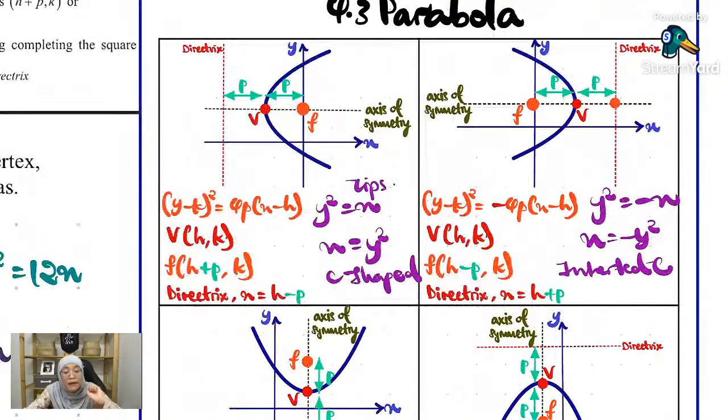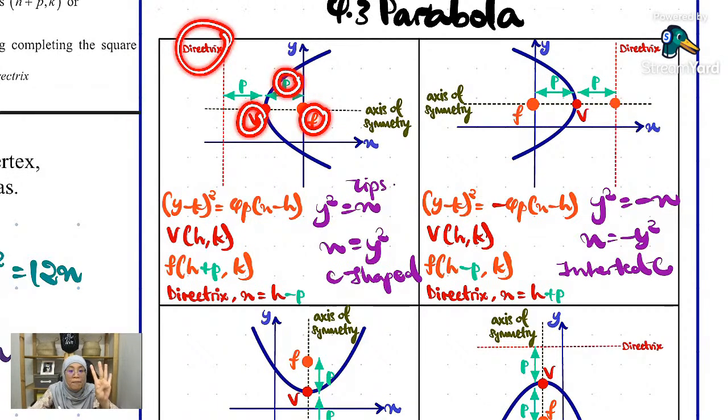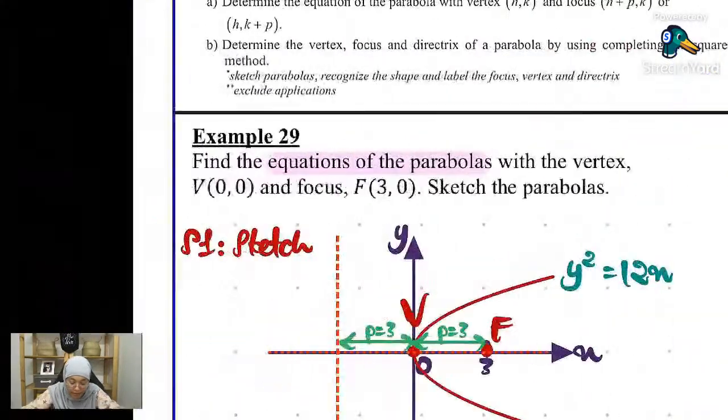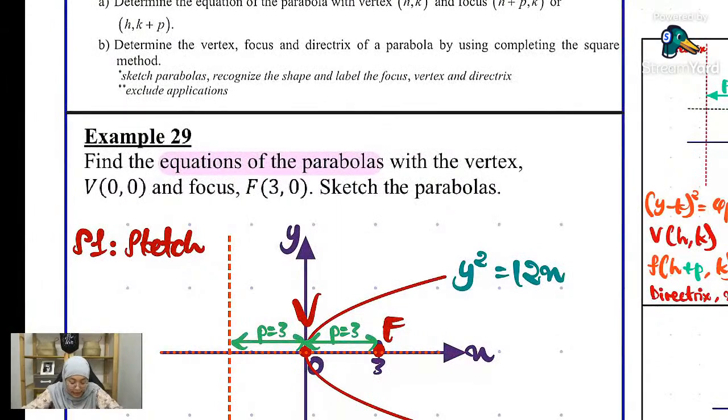So ada 4 perkara penting lah, iaitu cari vertex, cari focus, cari nilai P, dan cari directrix. Ini, 4 ni. We have 4 goals today. To understand the vertex, the focus, the P, and the directrix. 4 ini. Okay? So now let's go to the example 29.